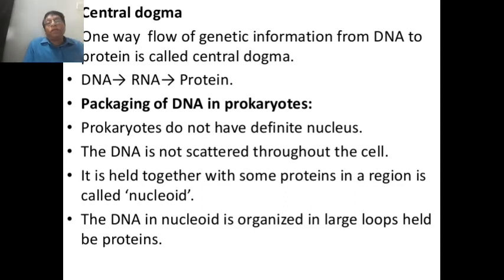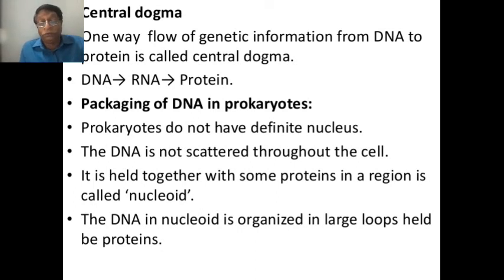That is, the information present in DNA is passed to RNA. This process we call transcription. From RNA, a protein is manufactured. This is called translation. That's central dogma for 2 marks. You may write the sequence: DNA to RNA, RNA to protein.